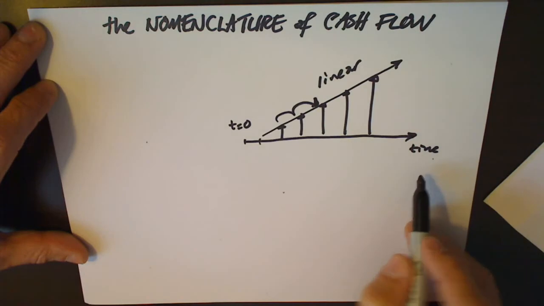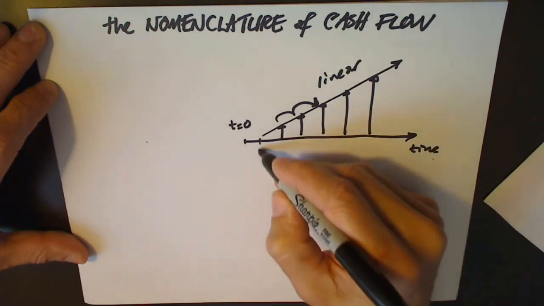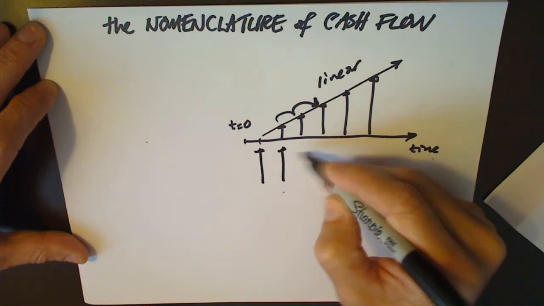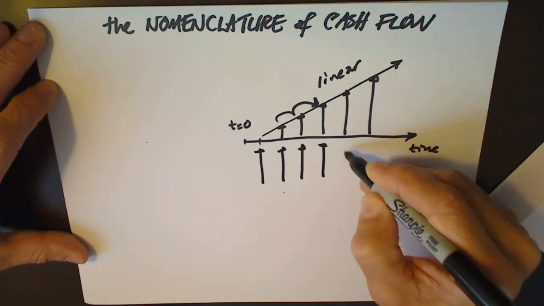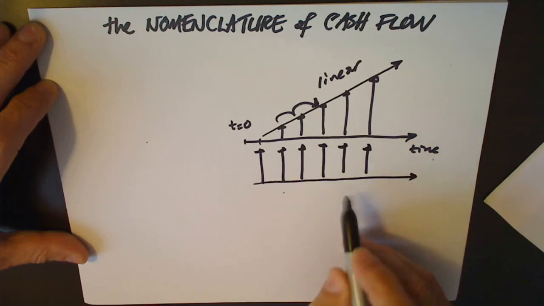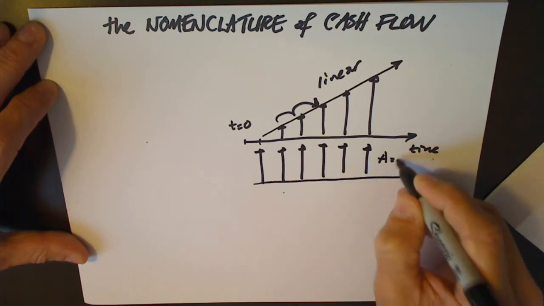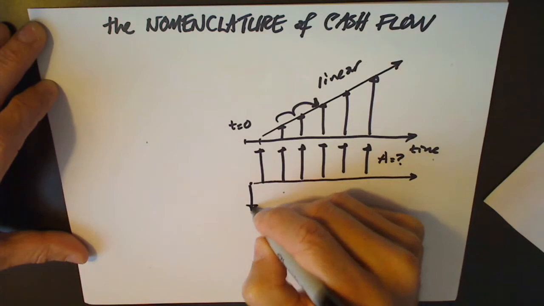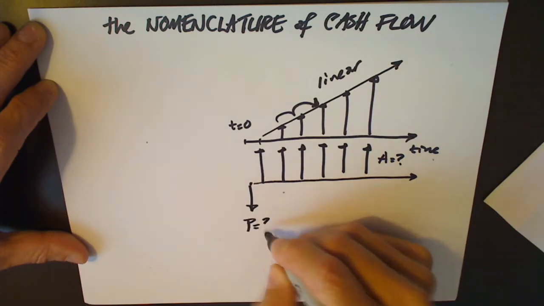We can take a cash flow diagram and split it into components. It could have, for example, a uniform series component that we would call A. It could have a present value component.